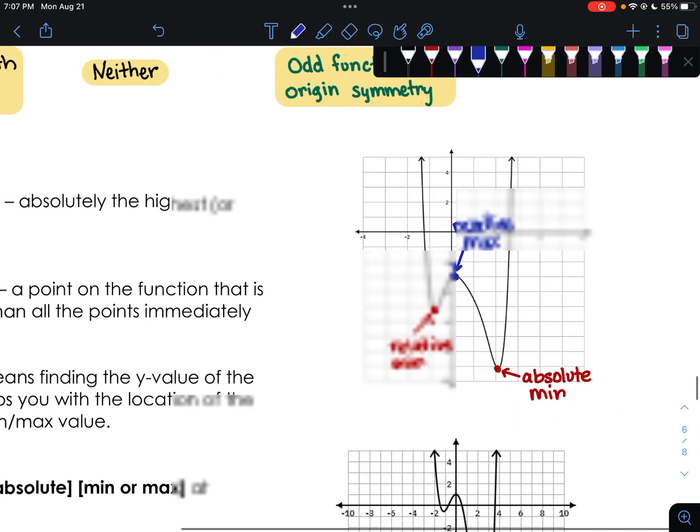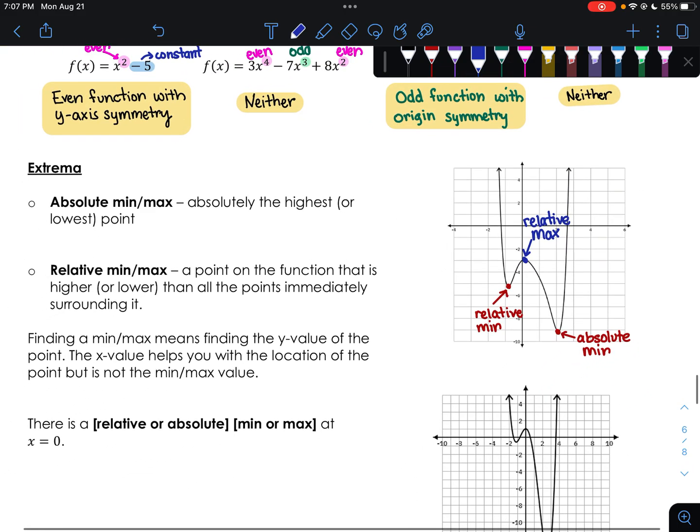Now, another name for a relative min or max could be local. Sometimes the word local is thrown around. And another name for absolute is going to be global. Okay, so those are words that also mean absolute and relative, just in case you happen to see them.